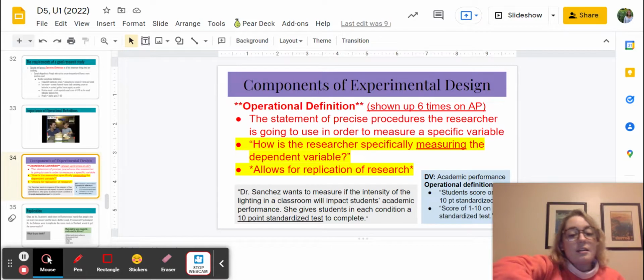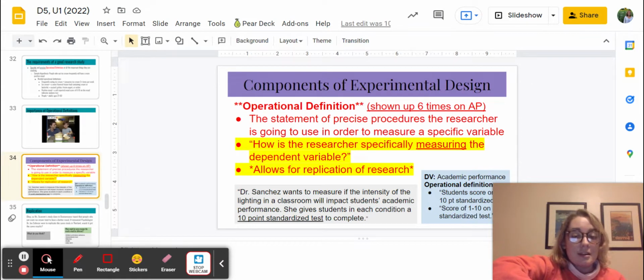And again, anytime you look at a research study that AP is going to give you, oftentimes they're going to ask you how do you operationally define the dependent variable? So you're looking at how you are going to measure the dependent variable. How are you going to see how it's changed? So in our Dr. Sanchez example with lighting, we said the intensity of lighting in a classroom will impact students' academic performance.